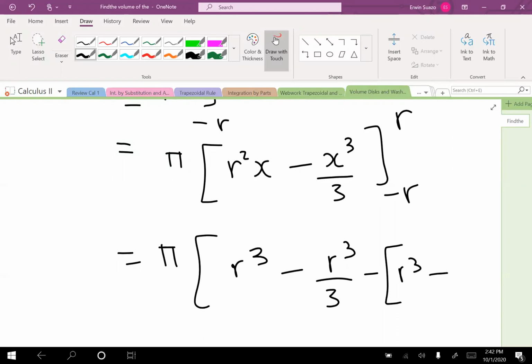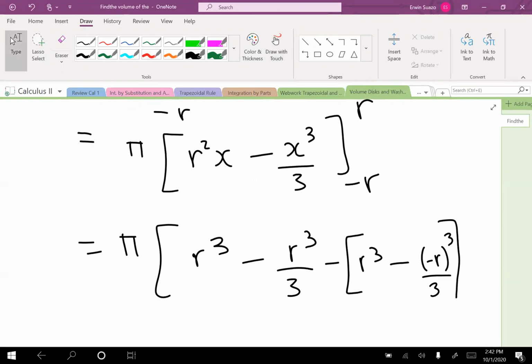So it will be r cubed minus r cubed divided by 3 minus r cubed. Oh, you see, good thing I did it slow, because r squared times minus r will be minus r cubed, and minus r cubed divided by 3.